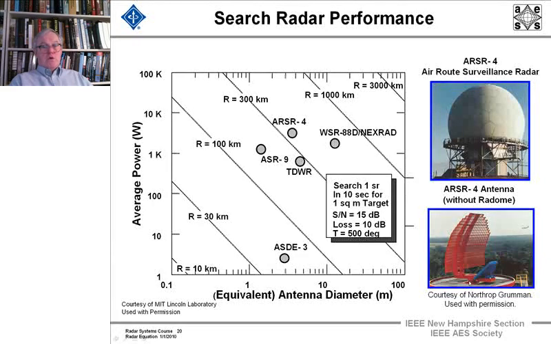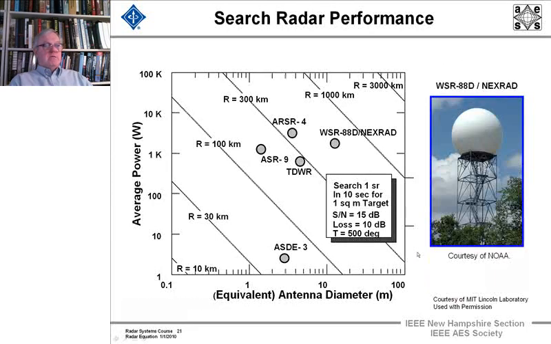And this blue object down here, we'll look into it later, is a feed array, which transmits out into this reflector and generates different beams when you illuminate different rows or columns of the array, and allows this radar to have very low side lobes. So we'll go into that more in detail later.